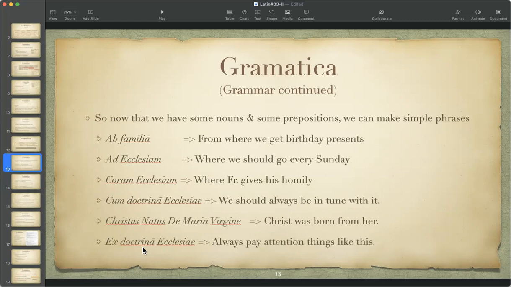Oh dear, I'm going to have to dig up the slide from the last session where I showed the difference between ab and ex. Okay, I didn't mean to complicate it. Did you say ad doctrinam ecclesiae? No.